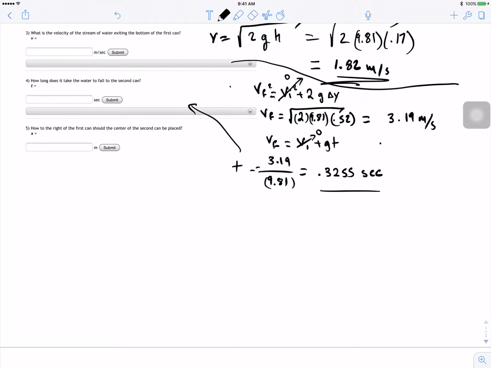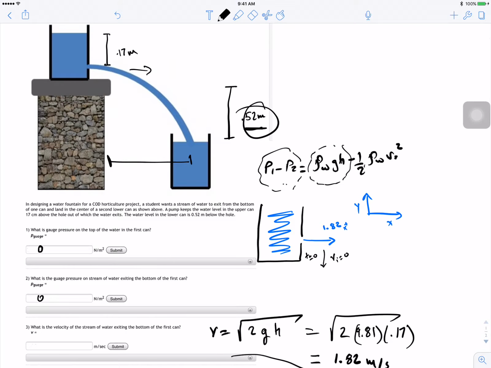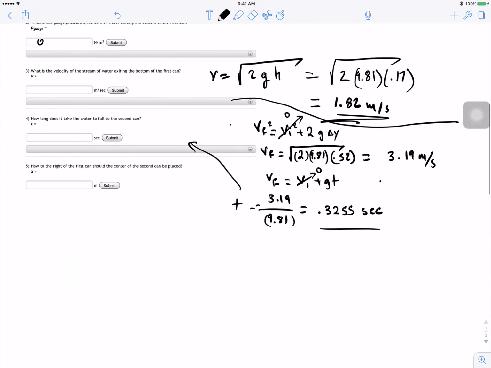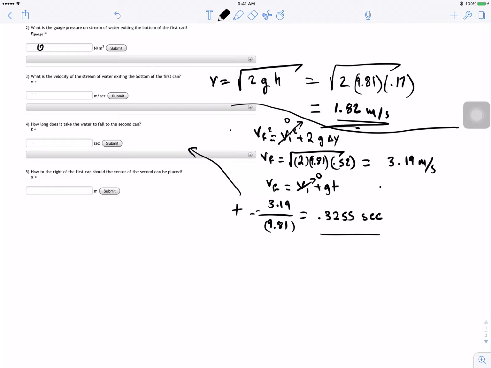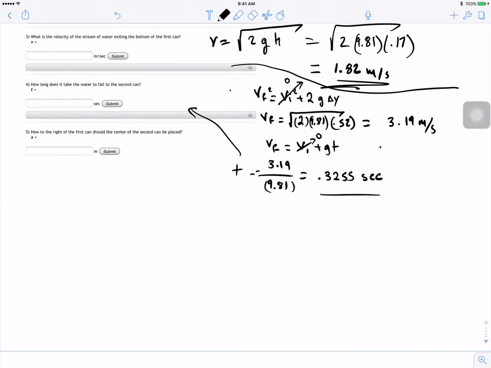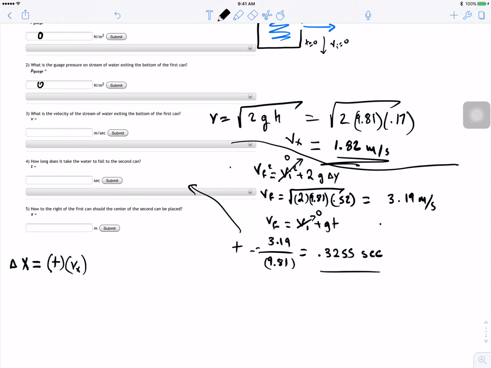So we know that the time it takes for the water to drop from here down to here is 0.3255. So by that time we need the water to be in the middle. So that means that delta x is equal to time times the velocity in x, and this is vx.